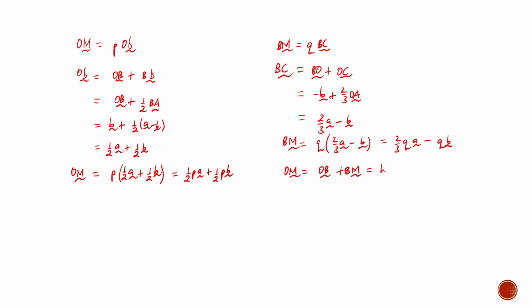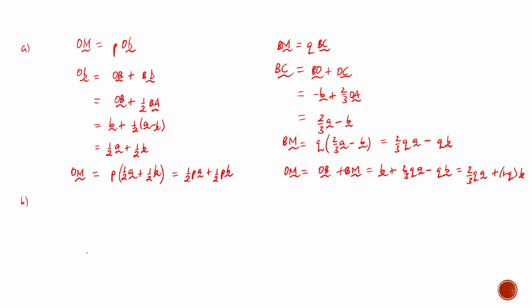OB is B, BM is 2/3 of Q times A minus Q times B, which is in fact 2/3 of Q times A plus (1 minus Q) times B. So we have the two expressions for OM, which means our part A is complete.